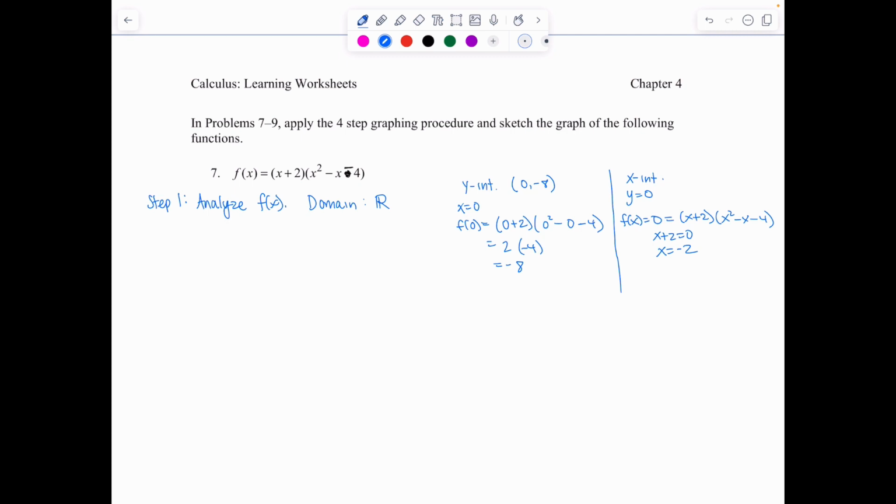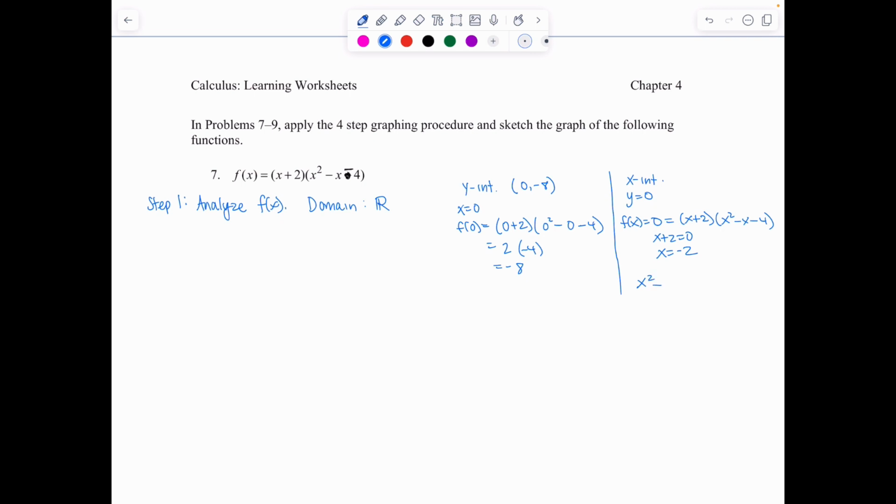And then x squared minus x minus 4 equals 0. So for this one, we'll need our quadratic formula.